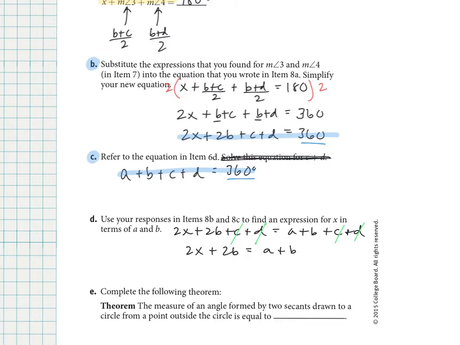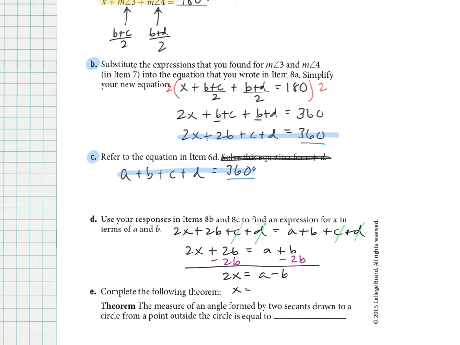Again, let's start to isolate 2x by itself, right? So we're going to go ahead and subtract 2b, so we're isolating 2x. So I subtract 2b. And then what I'm going to be left with after that is 2x equals a minus b. And last but not least, we divide by 2 to get x by itself.